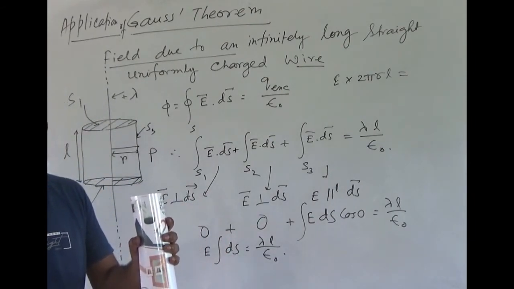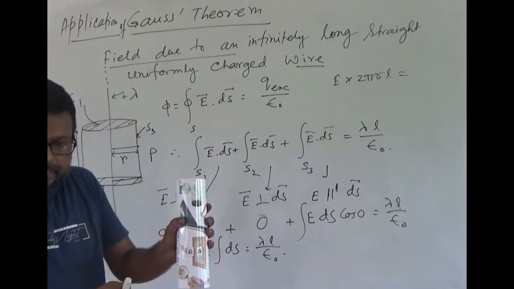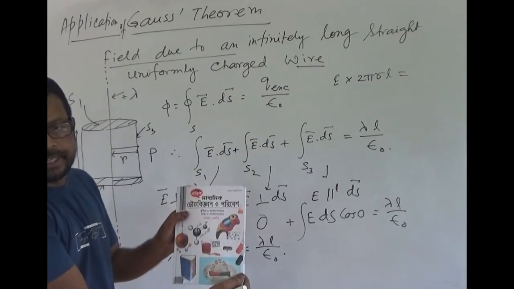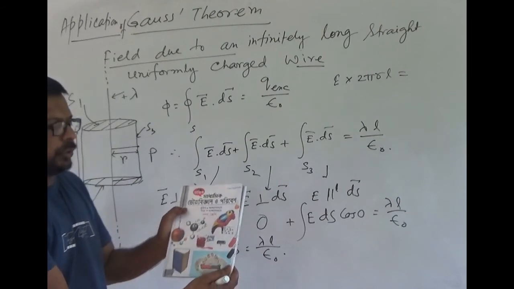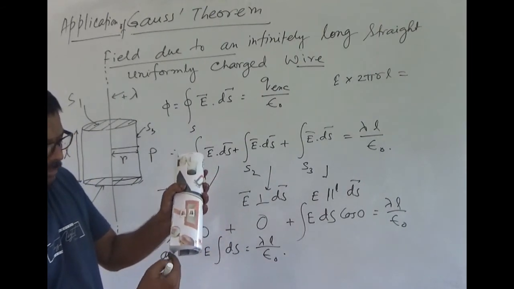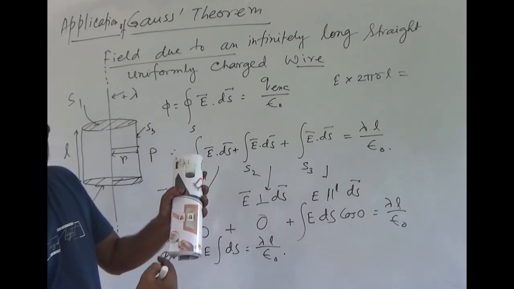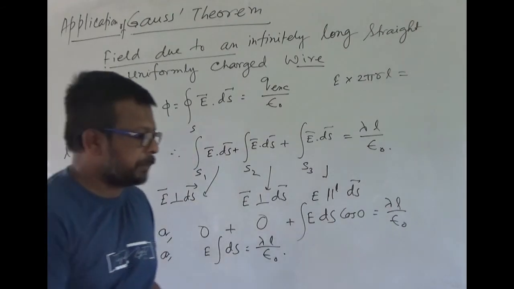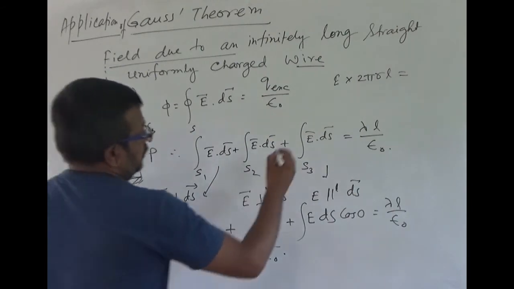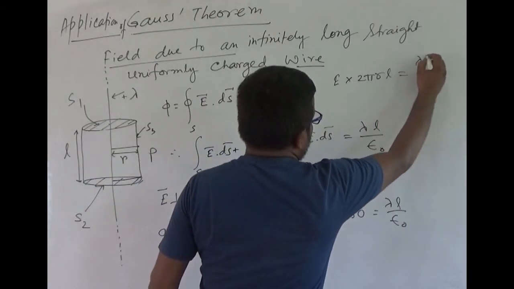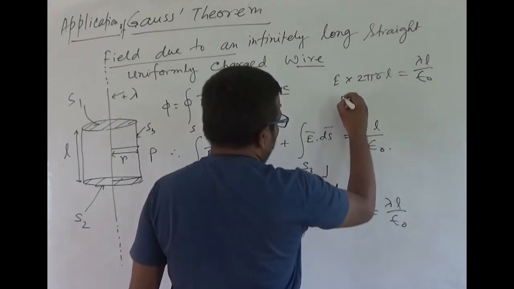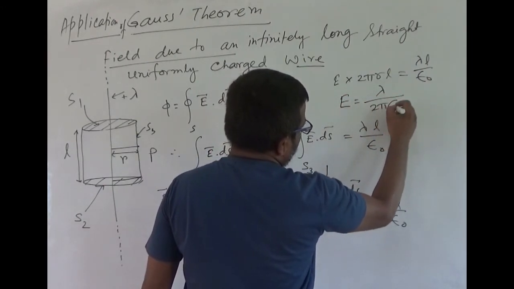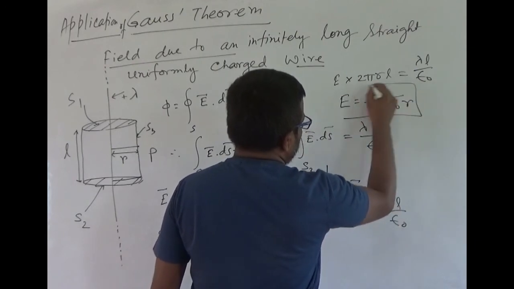If we cut here, then it will be a rectangular surface whose length is 2 pi r, the circumference of the circle, and the width is L. Therefore, you can say E into 2 pi r L is equal to lambda L by epsilon naught, or E is equal to lambda by 2 pi epsilon naught r.